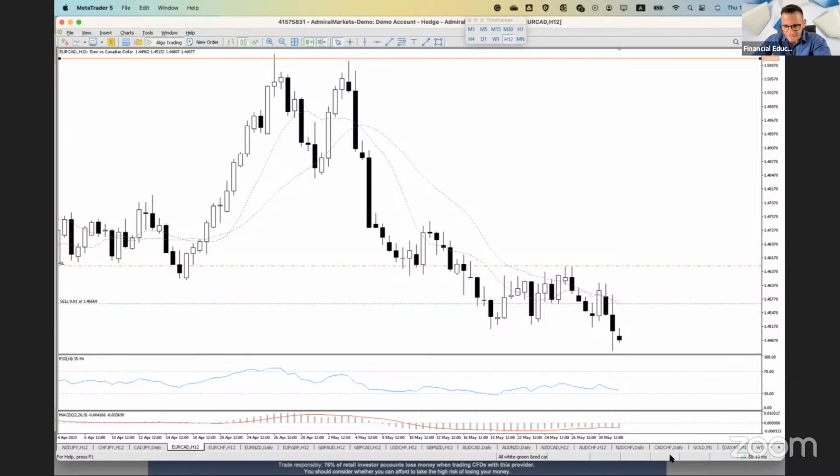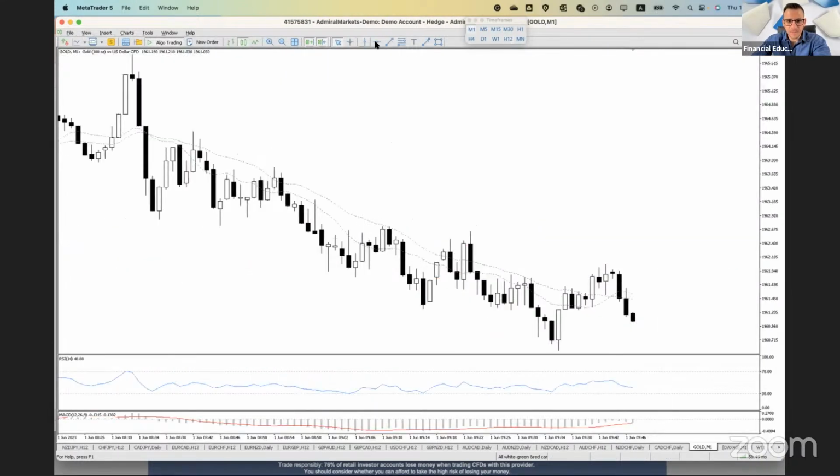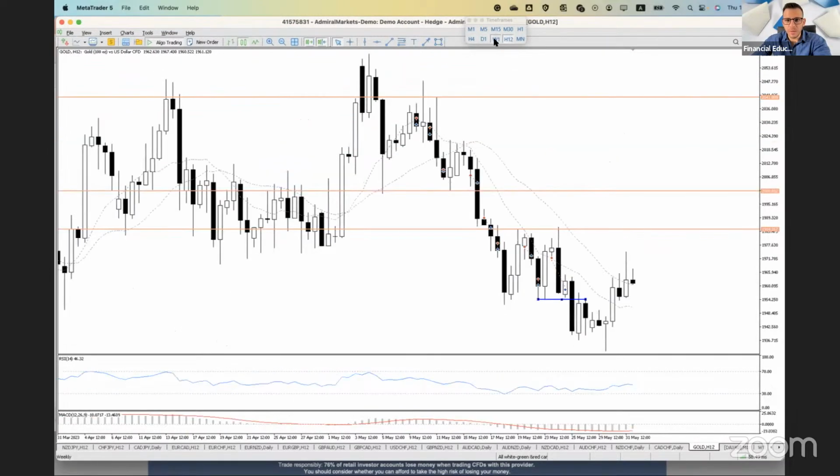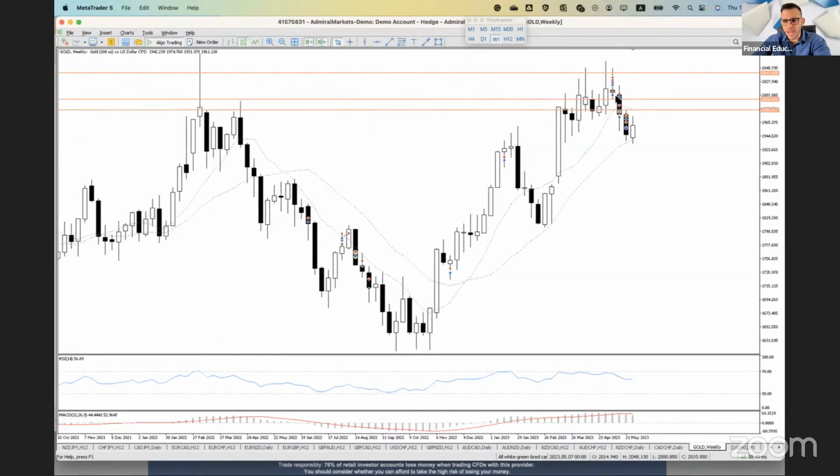Okay. The gold. Let's check the gold. So weekly chart, we came from this. One second, let's just clean a little bit this mess here with the lines.